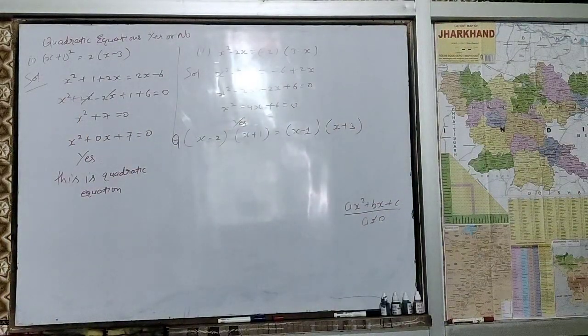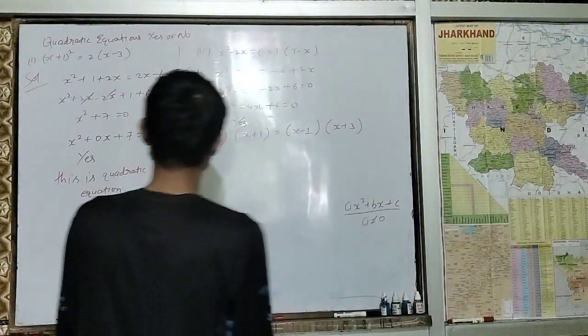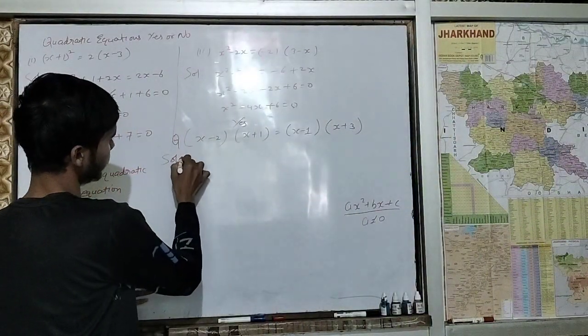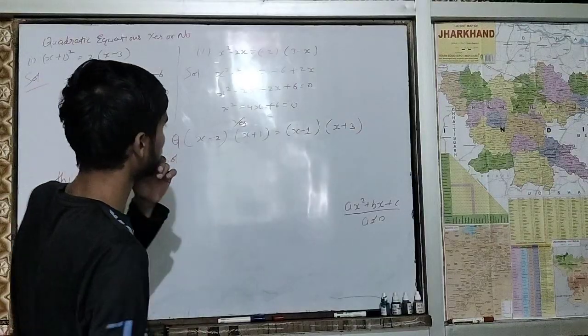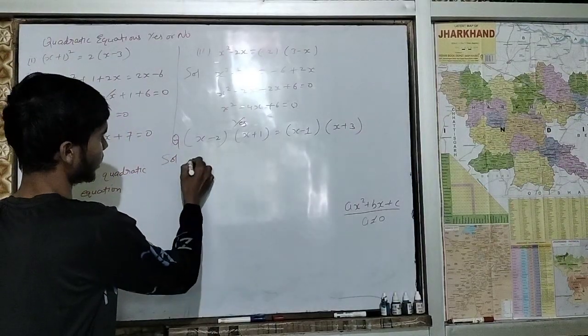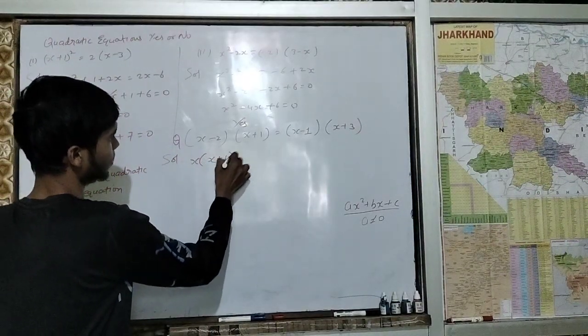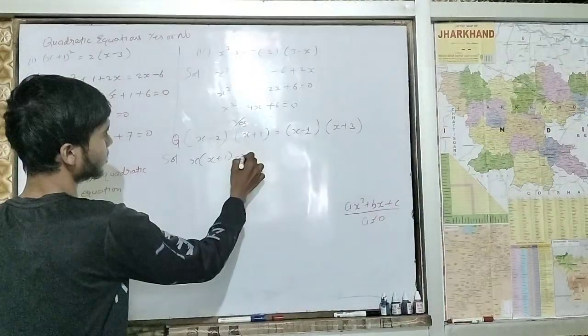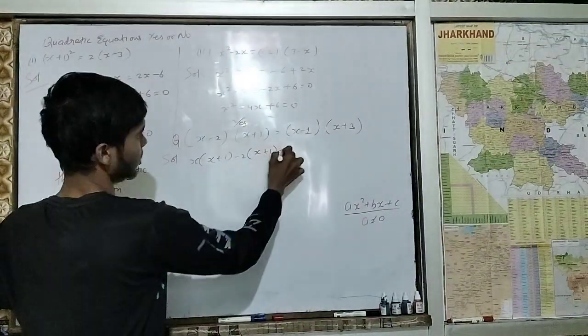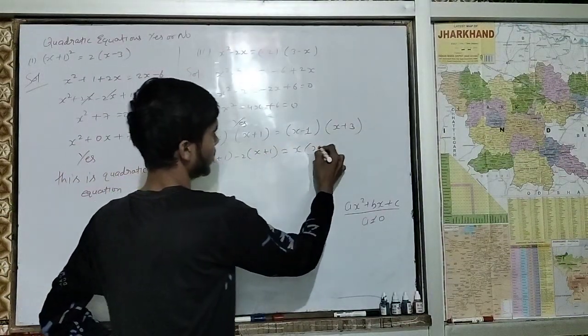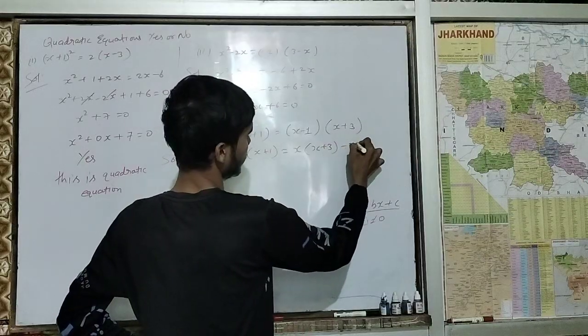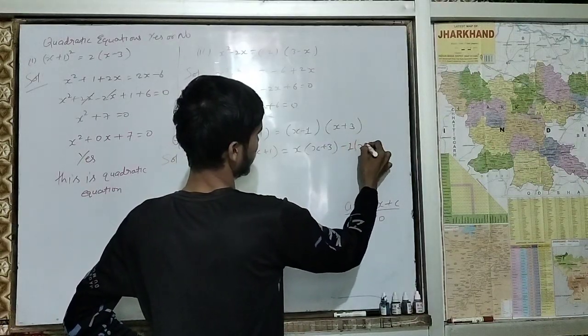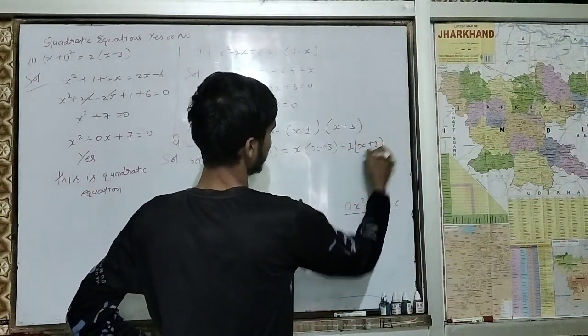Yeah, I got it. Look over here, it can be simplified. Just write it like that: x, then x plus 1, then minus 2 times this. Same here: x plus 3, then minus 1, x plus 3.